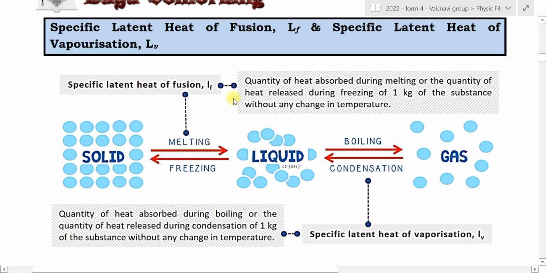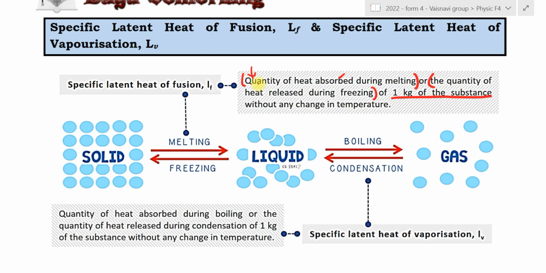Okay, tapi kita guna ikut textbook. Quantity, dia punya definition copy je lah, same. Quantity of heat absorbed during melting. Oh, dia mention dua-dua. During melting kita absorb heat kan. Ataupun the quantity of the heat released during freezing of 1 kg substance without any change in temperature. Must mention that at last. But this definition I never tell without changing the phase of matter, right?